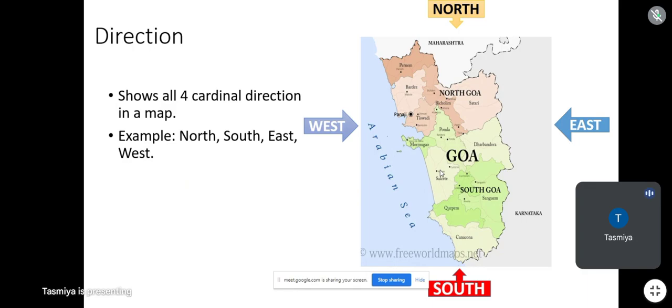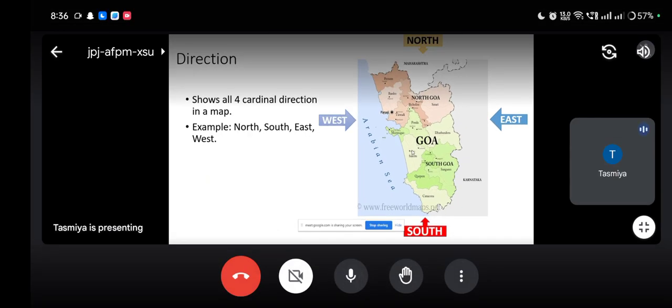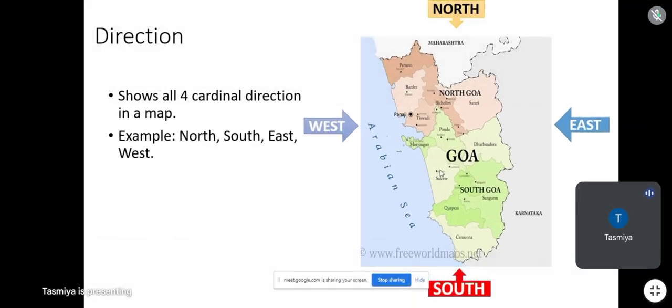A map shows all four cardinal directions, that is north, south, east, and west. It also shows the directions in between, for example northeast, southeast, northwest, southwest. Have you heard of these terms? Southwest monsoon winds. So it shows you all the directions.